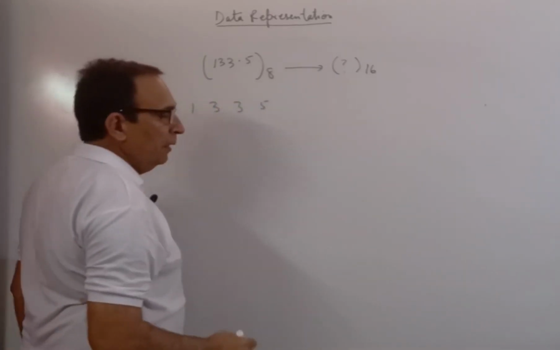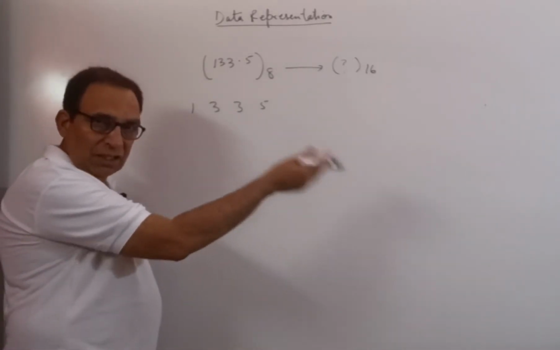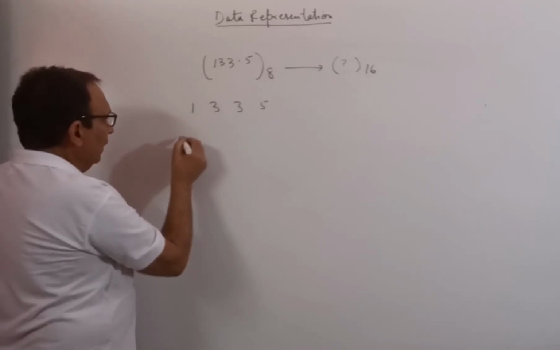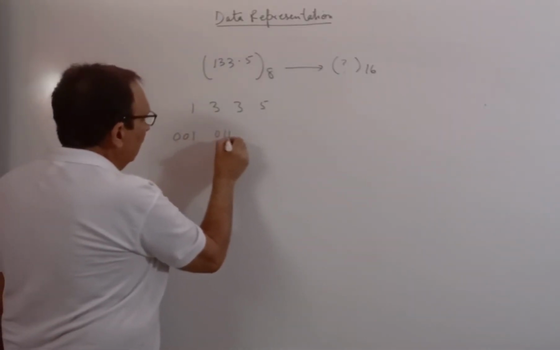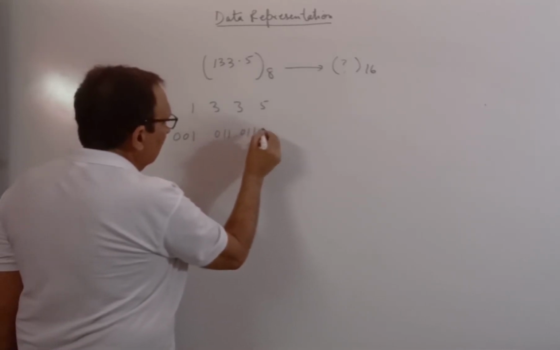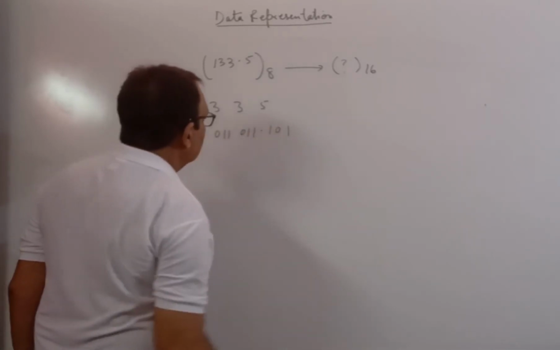133.5, the binary of this, as you found in the last explanation, is 001, 011, 011 point, and this is coming 101.